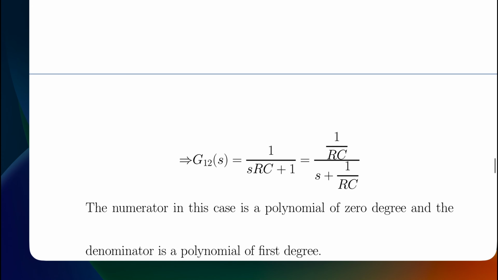Or we can write G12(s) equal to 1 upon sRC plus 1, equal to 1 upon RC divided by s plus 1 upon RC. So in this case also, we see that G12(s) is the ratio of two polynomials. The numerator is a polynomial in s of degree 0. Note that s to the power 0 is equal to 1. And the denominator is a polynomial of degree 1 in s.